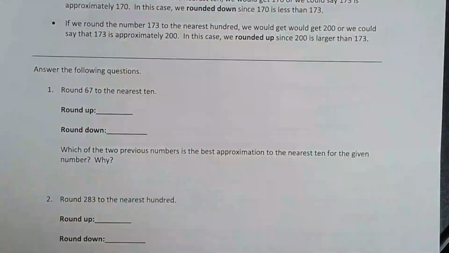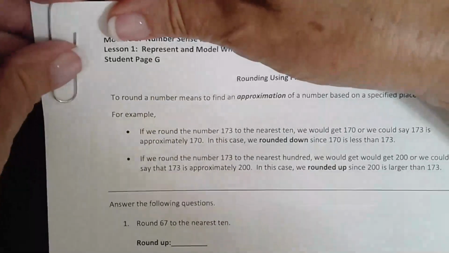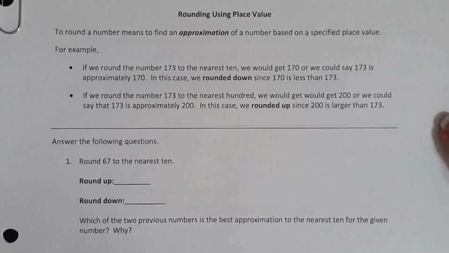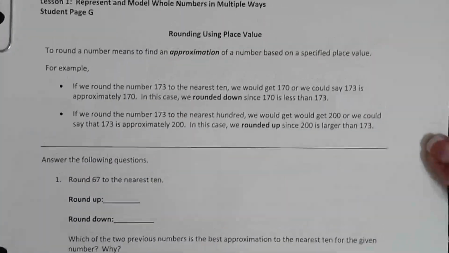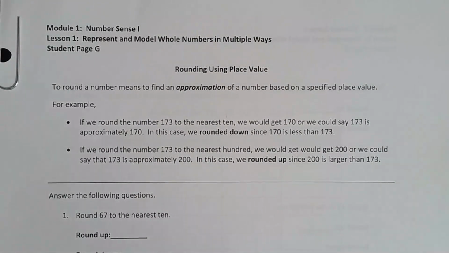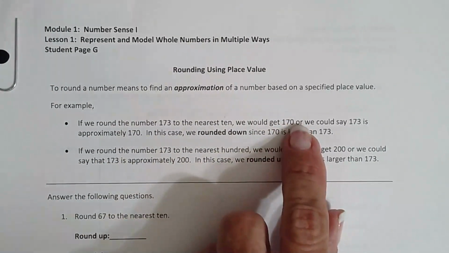Okay, so let's go to the next page. Okay, so rounding using place value. To round a number means to find an approximation of a number based on a specific place value. For example, if we round the number 173 to the nearest 10, we would get 170.